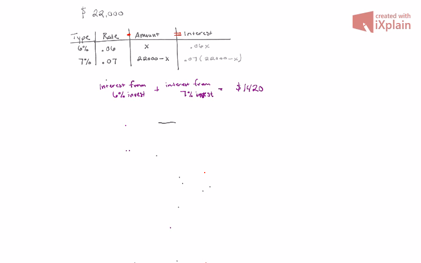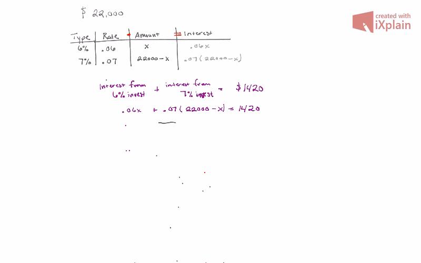So now we can go ahead and add in a little bit more of our math symbols here. So that would be 0.06x plus 0.07 times the quantity 22,000 minus x is equal to 1420.